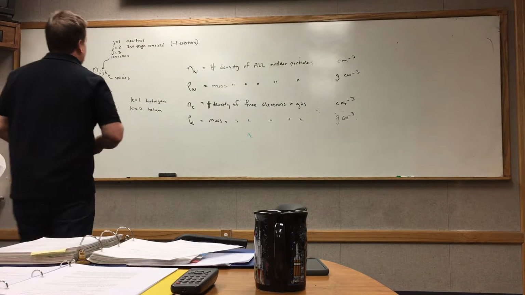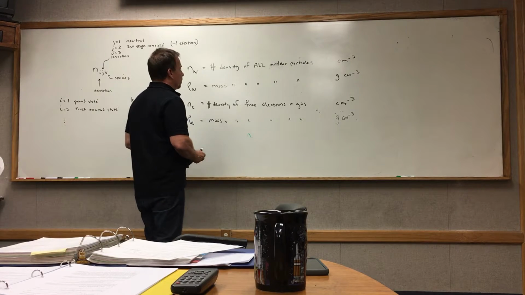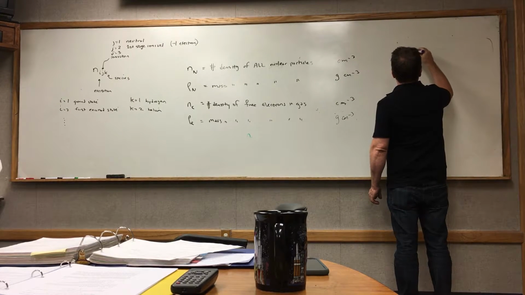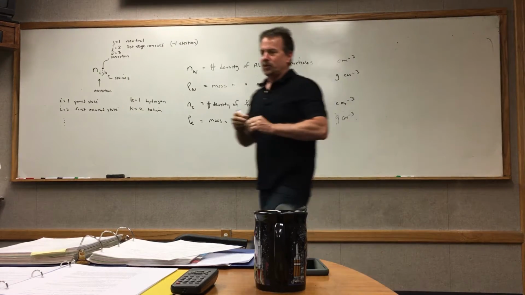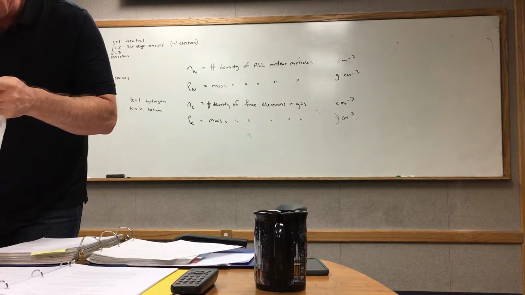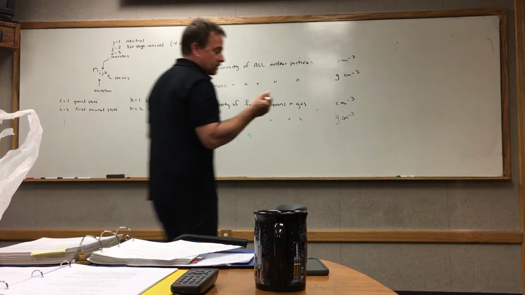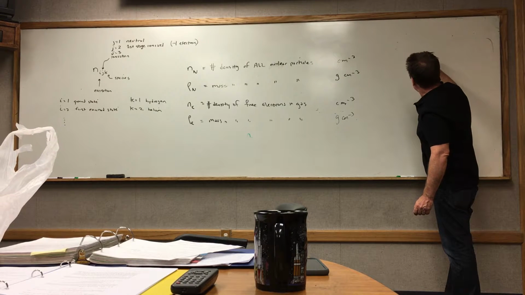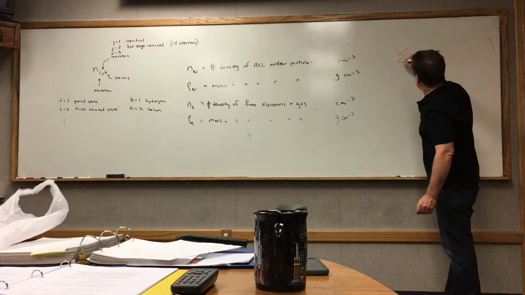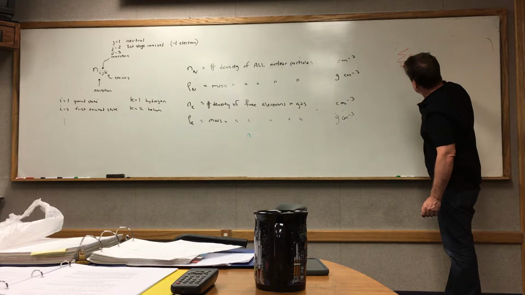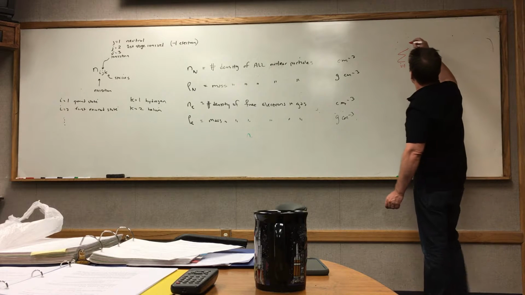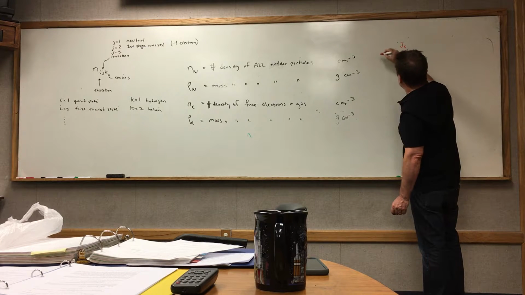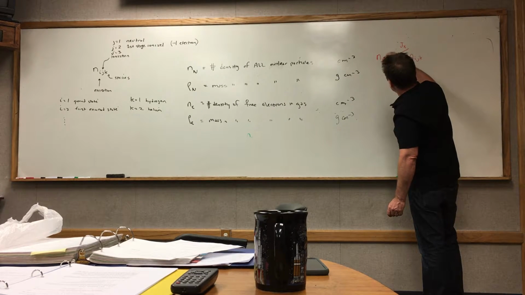Number 1, if you sum N_ijk over all I, that is equal to N_jk.